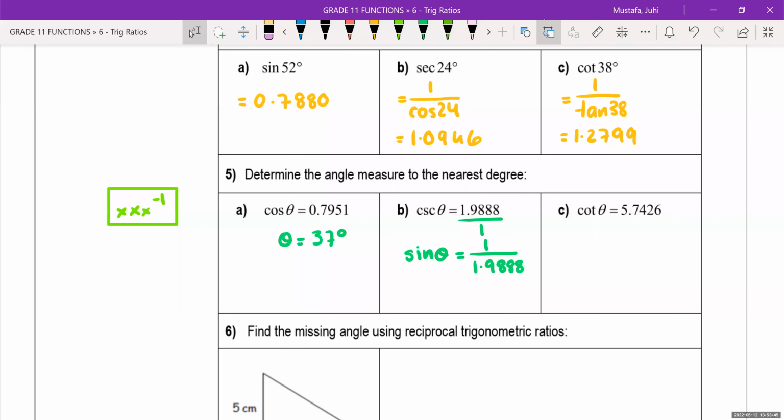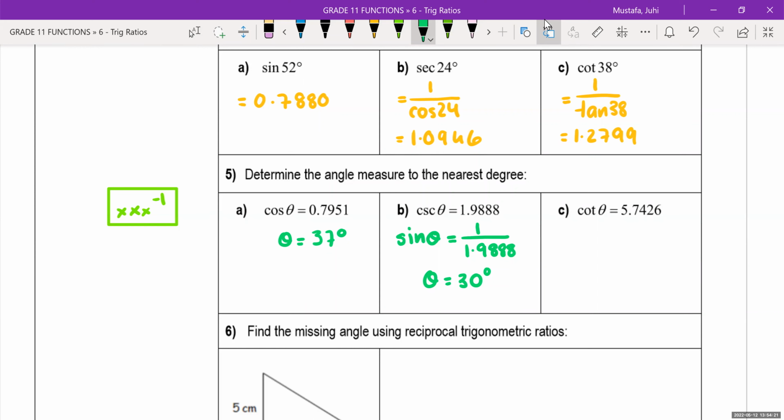And then when you're rewriting it, it's 1 over that same number. So now in your calculator, you're going to go ahead and go sine inverse of that entire fraction. So sine inverse 1 divided by 1.9888, and closest whole number, what do you guys get? I got 30 degrees. So, okay. So do sine inverse 1 divided by 1.9888, and then I get 30.